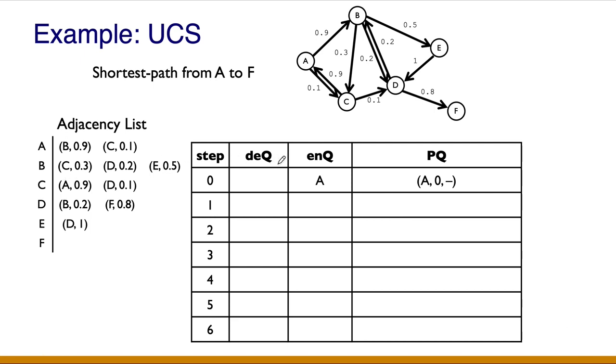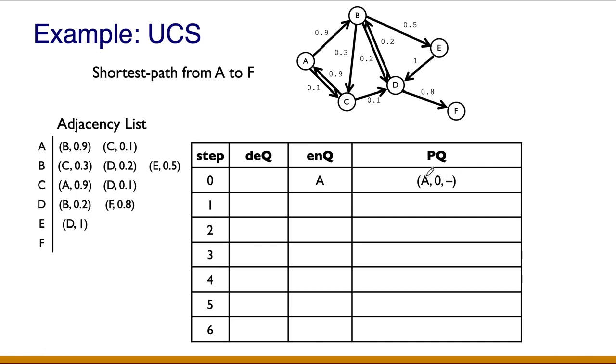Here you see that we maintain 3 columns. The first column is DQ, the element that we're going to remove from the priority queue for processing. And then after that, as before, for all the nodes that we have not processed yet, we're going to include that node into the priority queue. And you can see that this is the expansion from before.